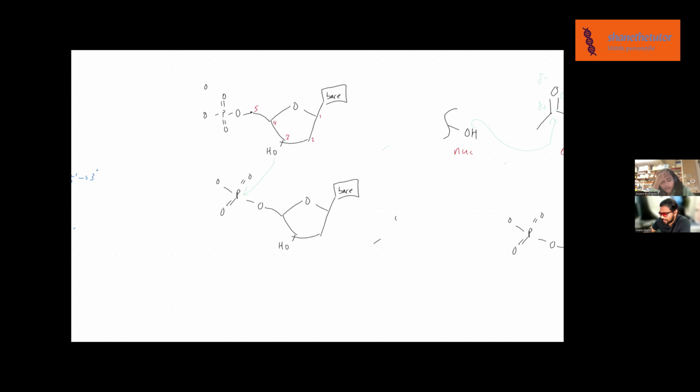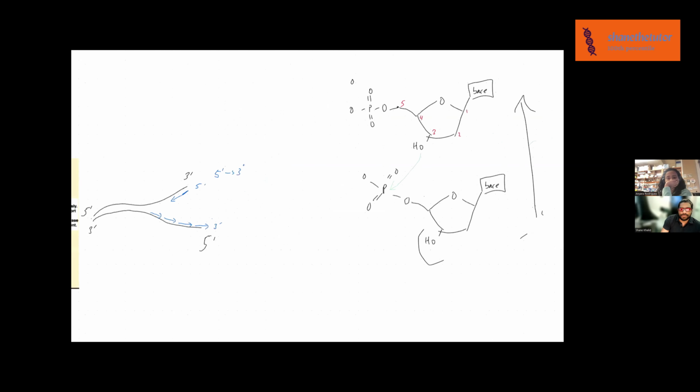Think about it like this: you always have a free 3 end with the OH. It would be like going upwards, so when these bind, this will be the free 3 prime end. That's why the 3 prime end is talked about a lot.